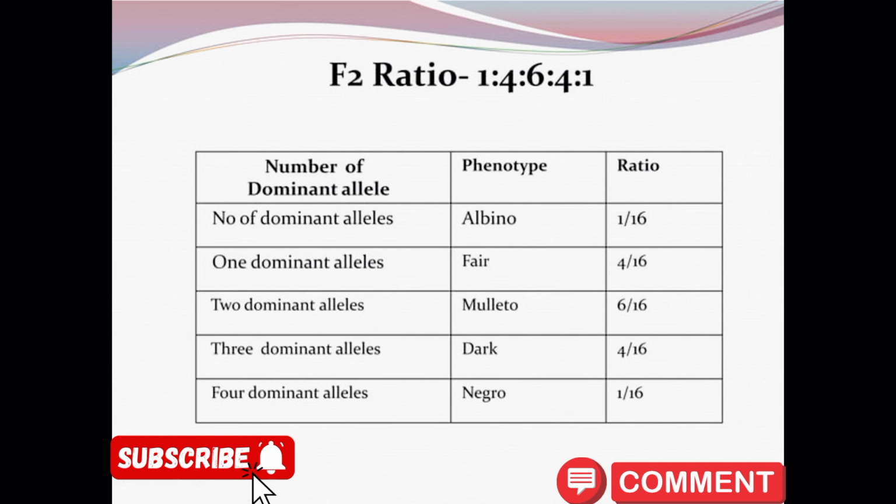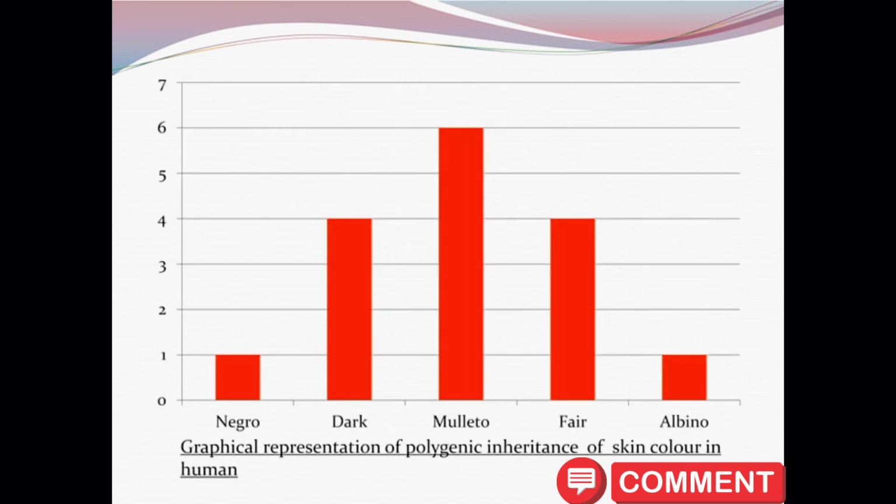So we can say that albino and Negro are the parental types, while fair, mulatto, and dark are the hybrid forms. As we saw, polygenic inheritance produces continuous variation. This is the graphical representation of polygenic inheritance of skin color in humans. Negro, dark, mulatto, fair, as well as albino individuals will be present in the offspring.